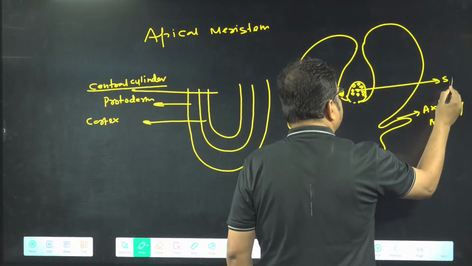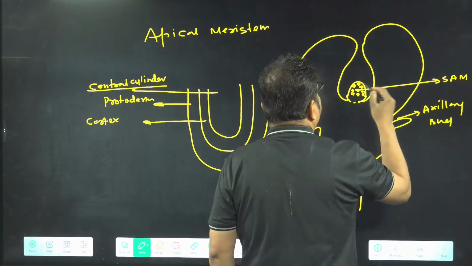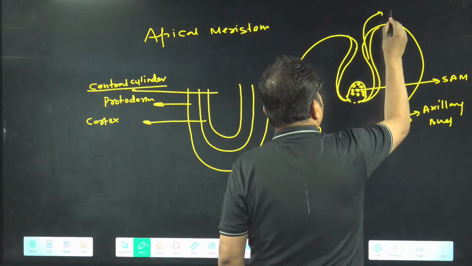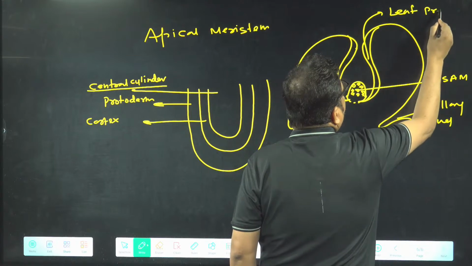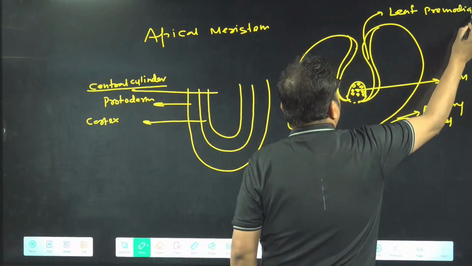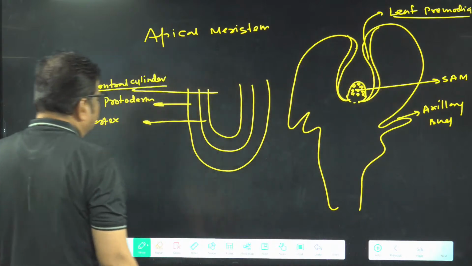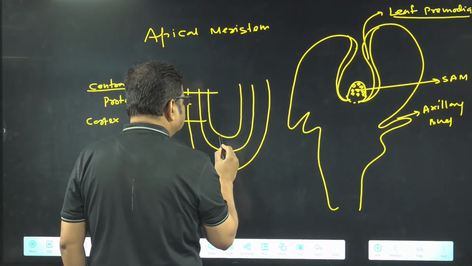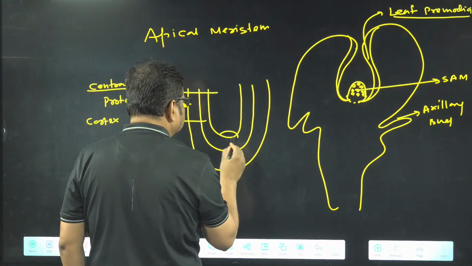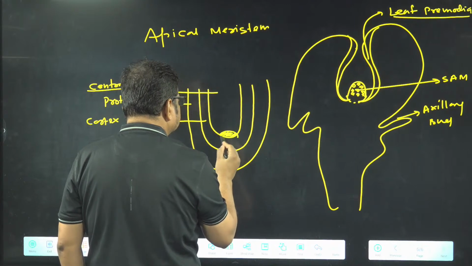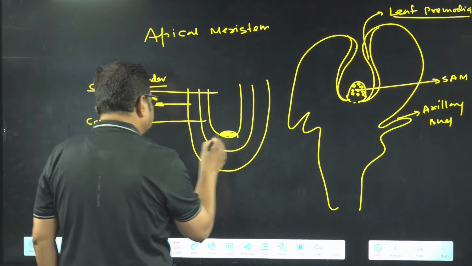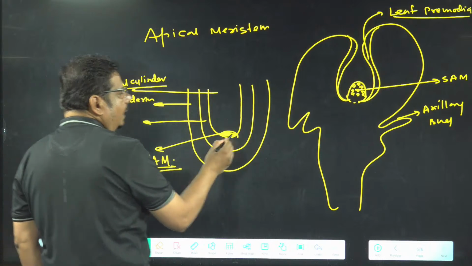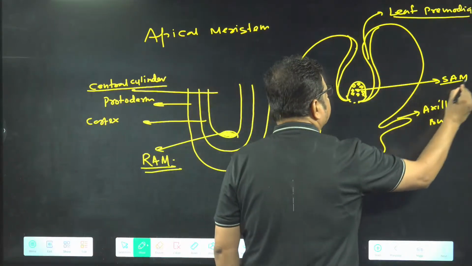Here it is which one? SAM. And if you talk about this area, basically, it is leaf primordia. Getting the things? So this is RAM and this is SAM, shoot apical meristem.